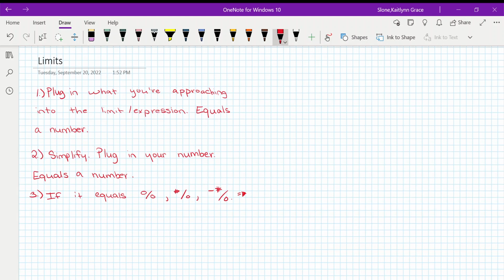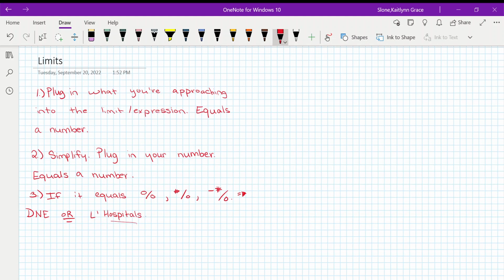If you're not up to Calculus 2, then you probably just want to say that the limit does not exist. If you are in Calculus 2 and you can't simplify it, then your teacher might want to make you use L'Hopital's principle on that limit.